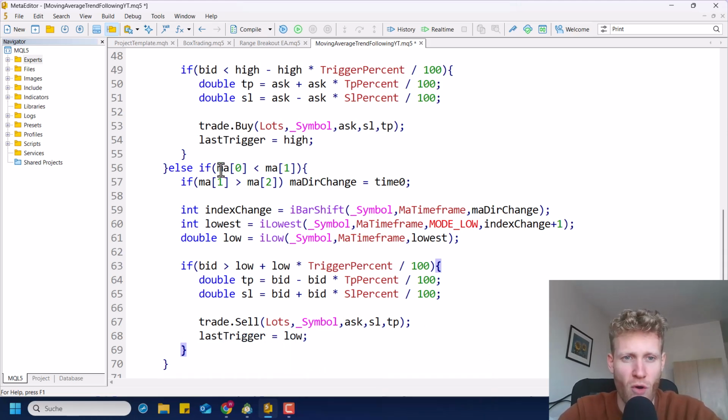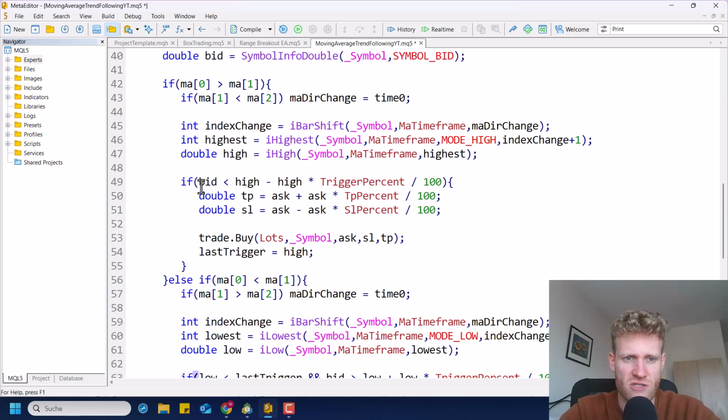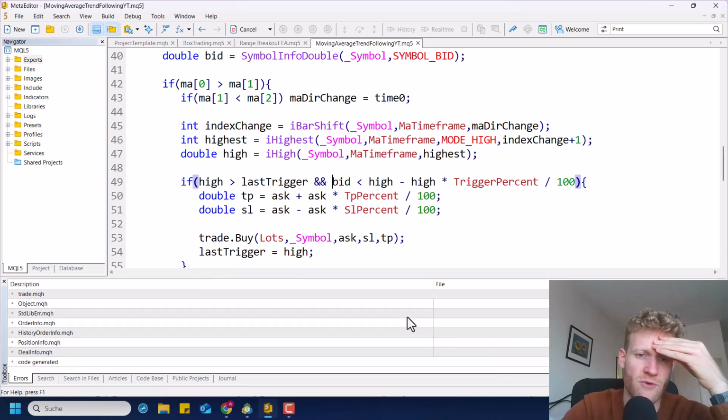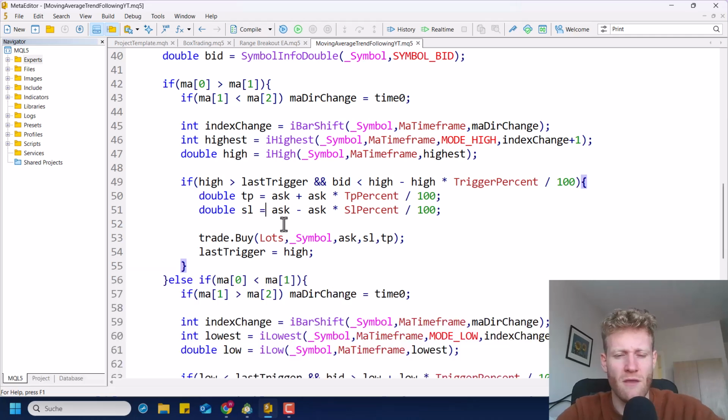Then before we open another position here, we want to check if low is smaller than last trigger. And for buy positions, we want to check if the new high is greater than the last high that triggered our position. This should make sure that we do not open too many positions following each other.